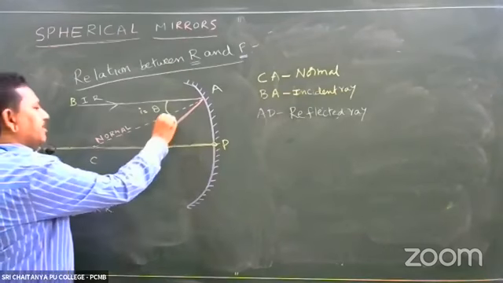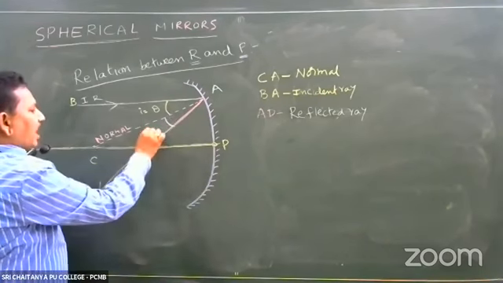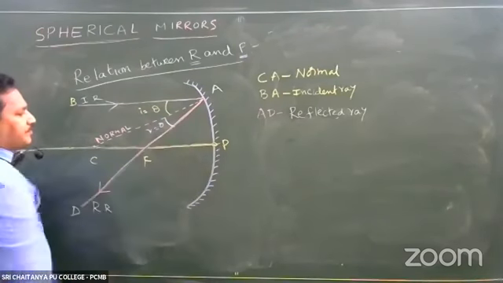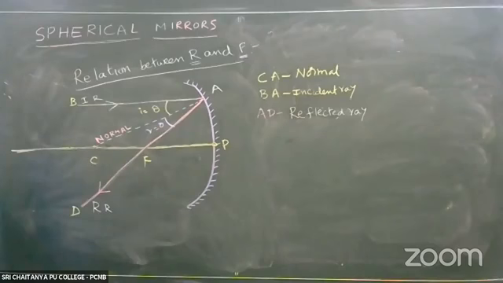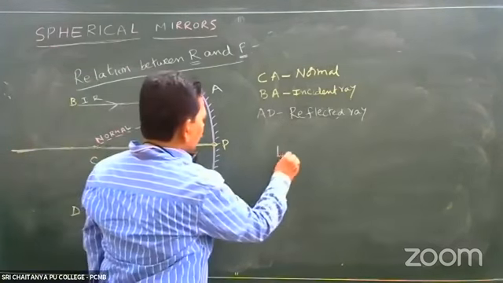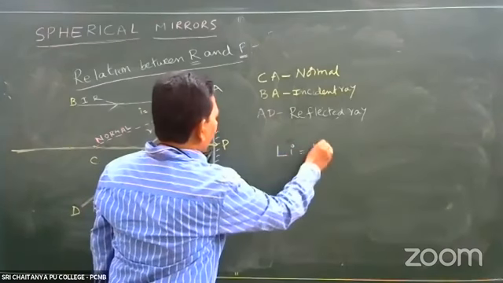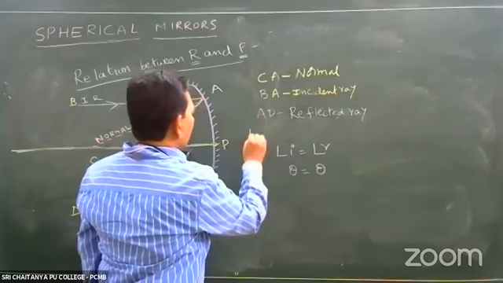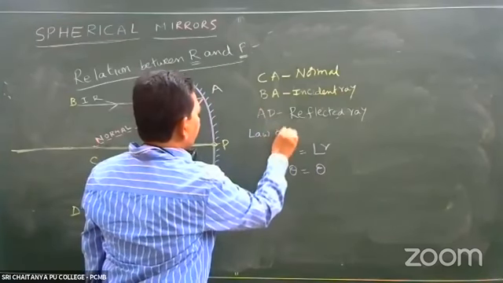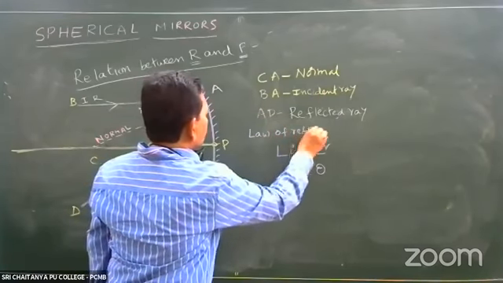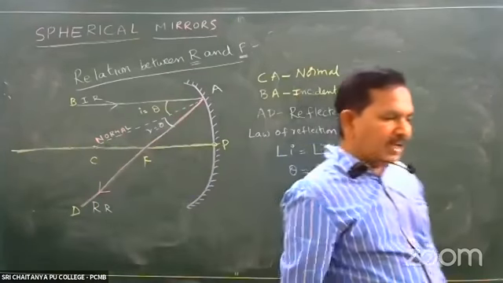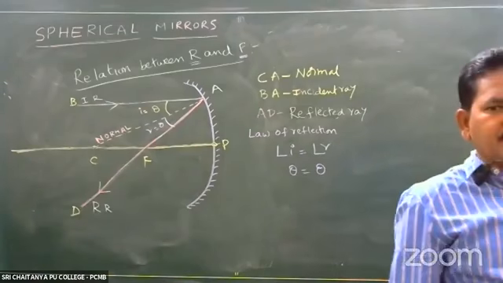The angle of reflection, the angle between the normal and the reflected ray, is also equal to theta, because according to the law of reflection, angle i is equal to angle r. So if I consider the angle of incidence as theta, the angle of reflection is also theta.